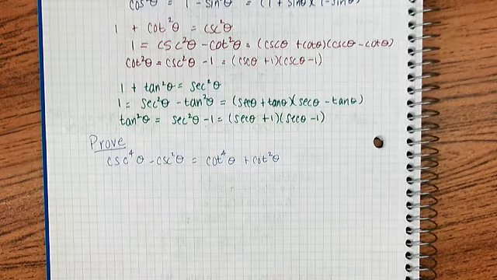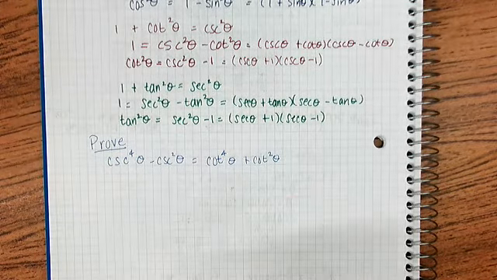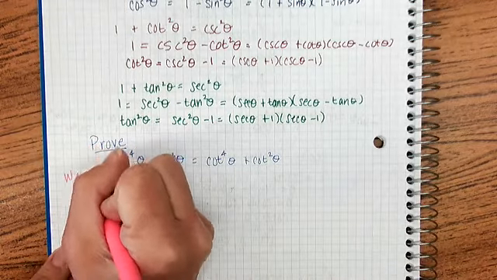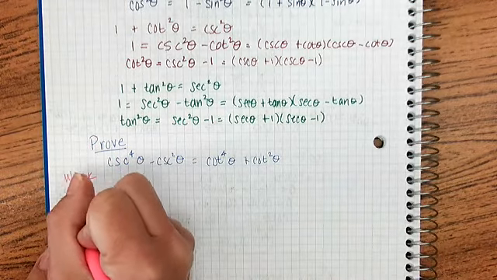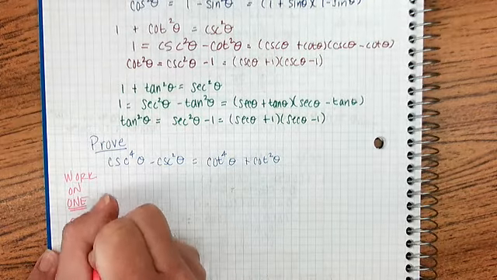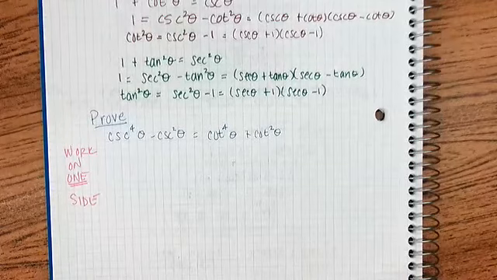You have to prove it. So when you are doing an identity, you are only allowed to work on one side. You may only work on one side. Okay, choose a side.